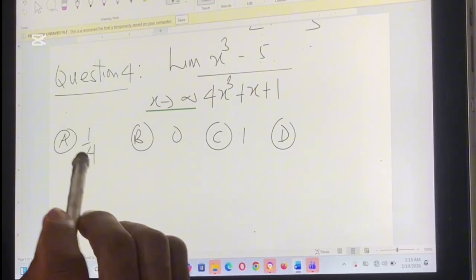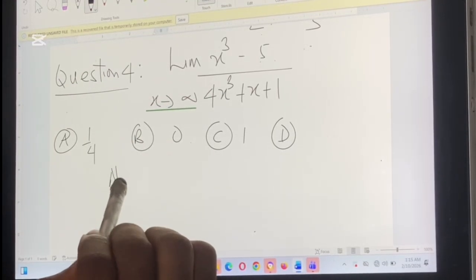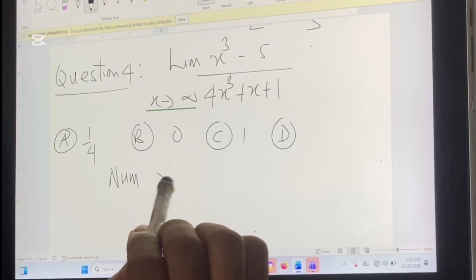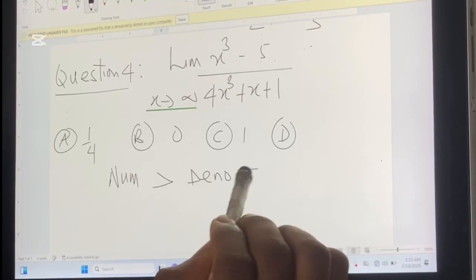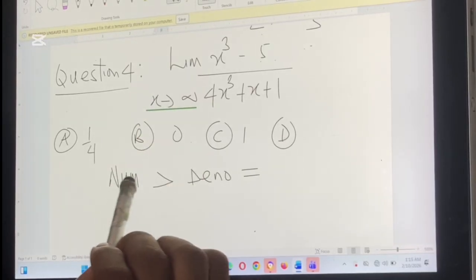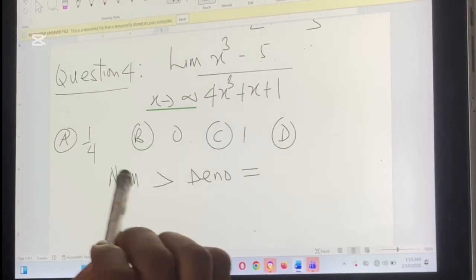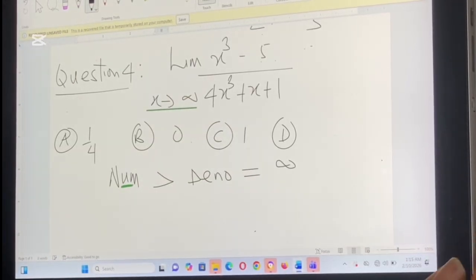If the power of s at the numerator is greater than the power of s at the denominator, the answer will always be undefined. Undefined simply means infinity. Please take note.